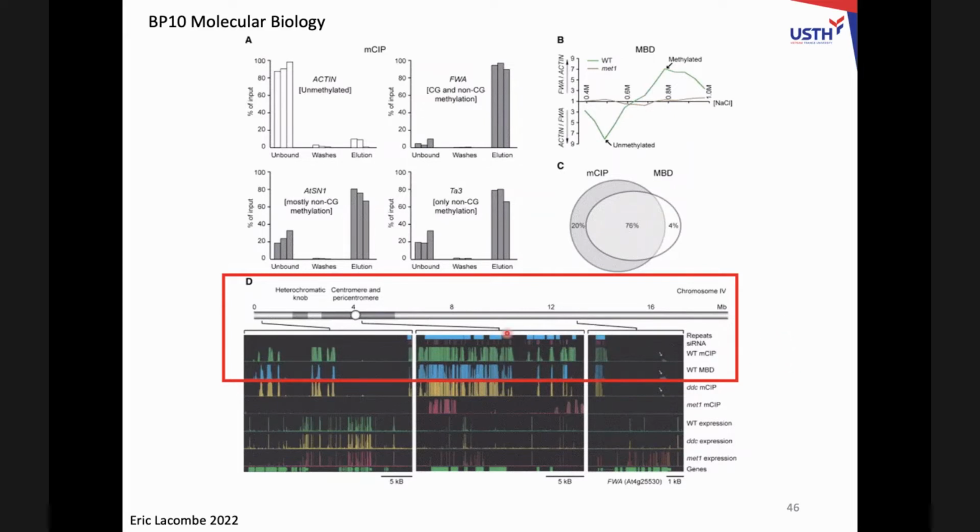And you see clearly that also in this part, for example, here, we are 100% heterochromatic, but there are places where there are no repeats, even if it's mainly heterochromatic. And in those loci where you don't have any repetition, the DNA is not methylated.